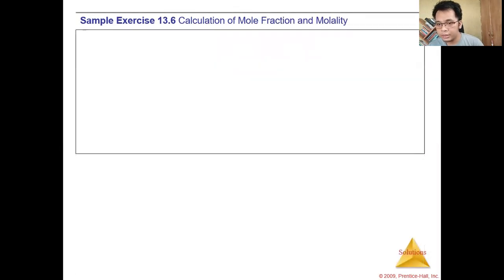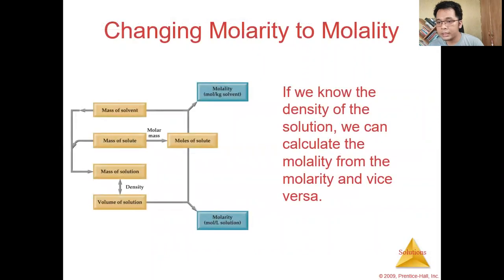We will deal with this later. Changing molarity to molality, you have to consider the density: the mass of solute, moles of solute, and mass of solvent to get the molality, and the mass of solution from the density and the volume of solution to molarity. Later, we will have discussions for this one.